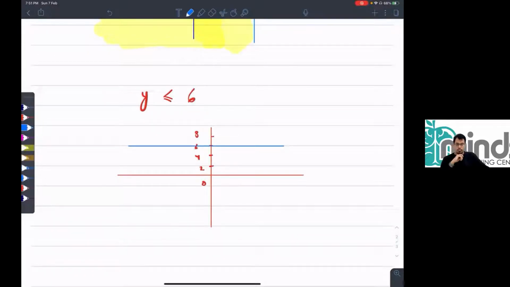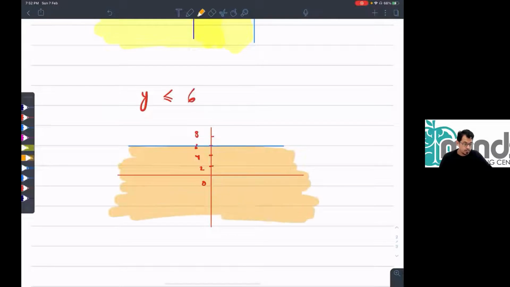Okay, wonderful, none of you is thinking like this. Those who think this is below the line. So I was expecting that all of you are getting it. The wanted region is this whole region, till you have plotted the graph, y is less than 6.